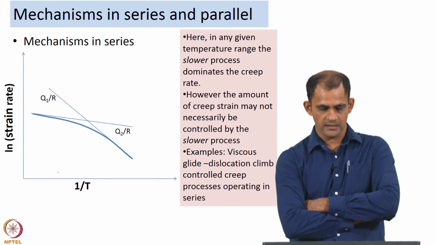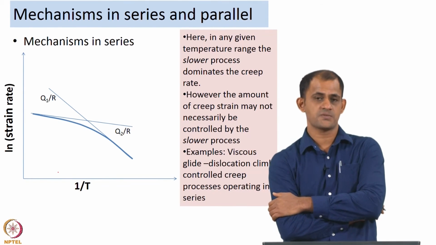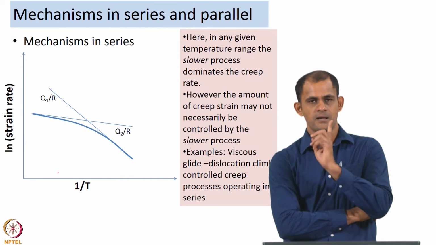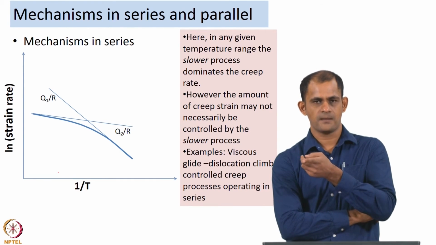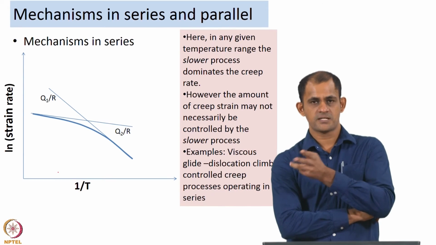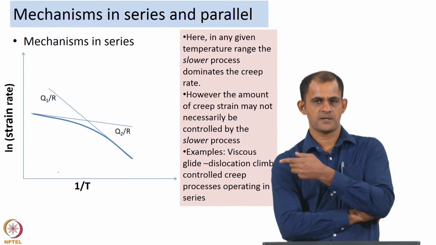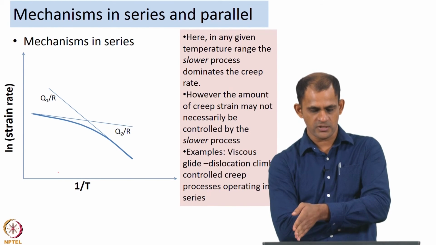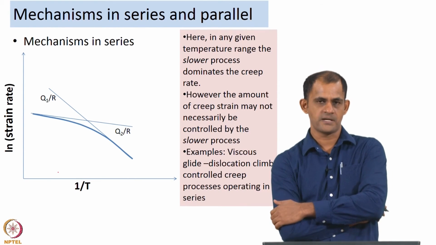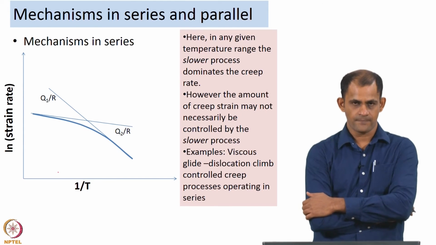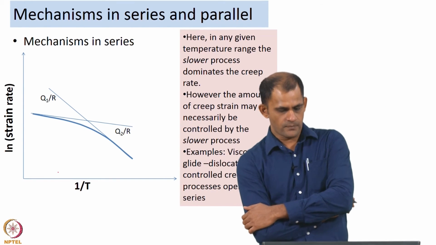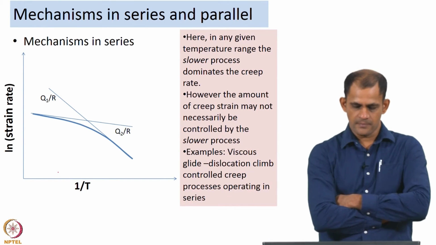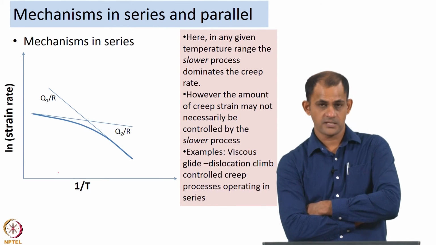What is interesting here is that, unlike for mechanisms in parallel, for mechanisms in series the slower process becomes the rate controlling mechanism. In any given temperature range, the slower process dominates the creep rate, however the amount of creep strain may not necessarily be controlled by the slower process.